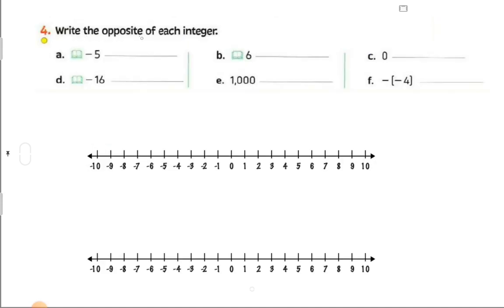Write the opposite of each integer. Or maybe he said find the additive inverse. It's the same whether he says opposite or additive inverse.